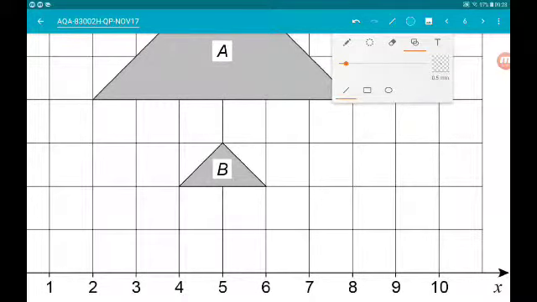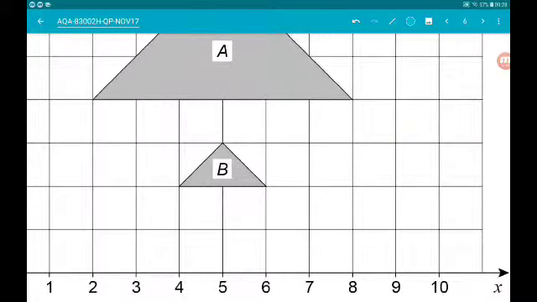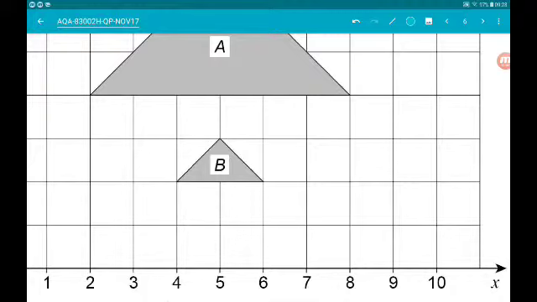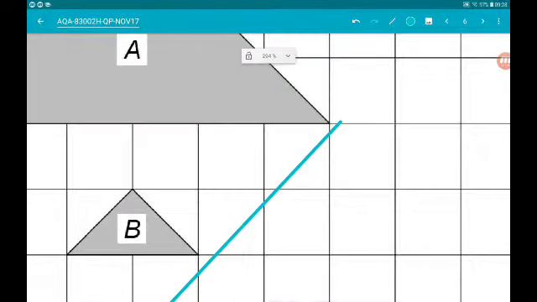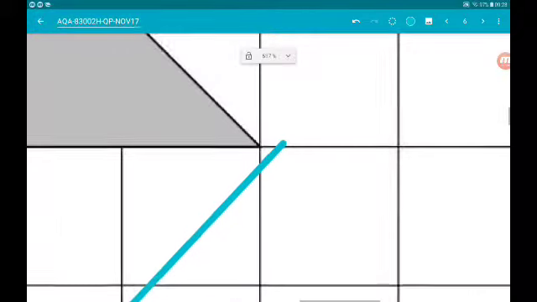corresponding points of the triangles. So for example, we're going to join that point to that point and keep the line going. So as expected, it's not gone too smoothly.